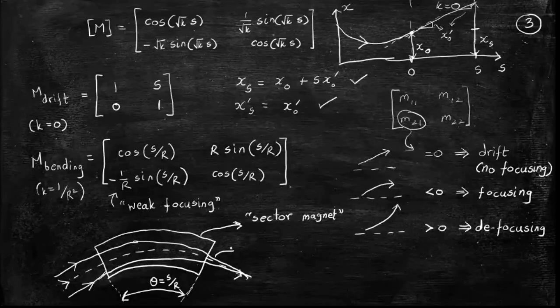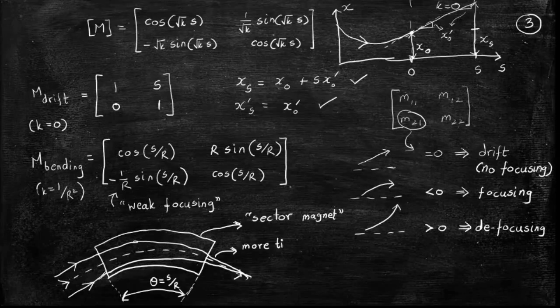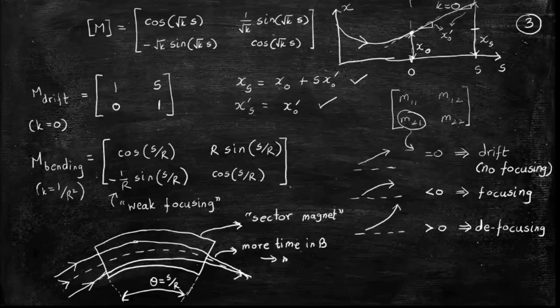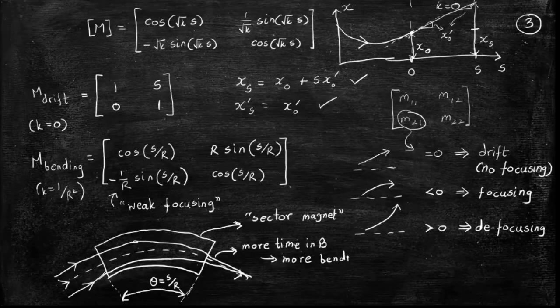So basically the outer particle spends more time in the magnetic field, and therefore he undergoes more bending than the nominal particle. Agreed?